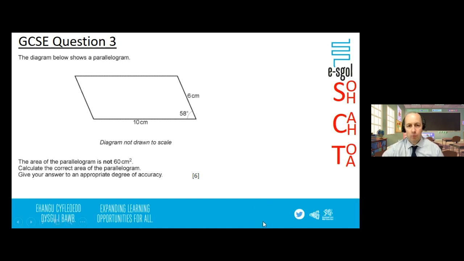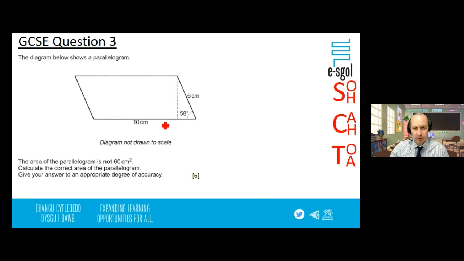Okay, so hopefully you've done that question now, but if you're struggling, let's give you a bit of a hint. That dashed line, hopefully you can see now on the screen, does split the shape up into two shapes. One of them is a right angle triangle, and the other one is a right angle trapezium. And we need to find the height of the parallelogram before we find the actual area.